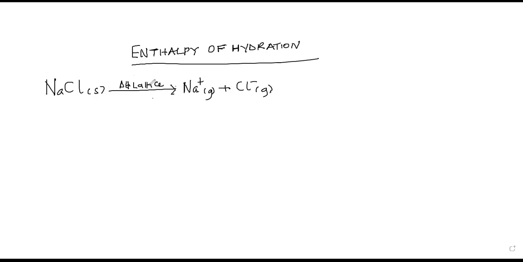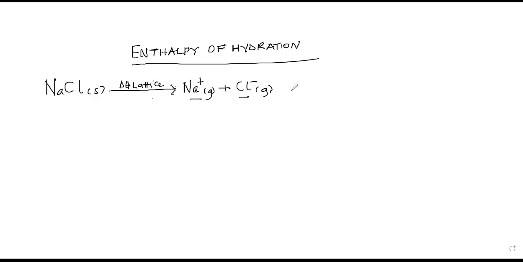Then it is these gaseous ions that interact with water molecules. We find that the positive gaseous ions are attracted to the negative end of water molecules, and the negative gaseous ions are attracted to the positive end of the water molecules.